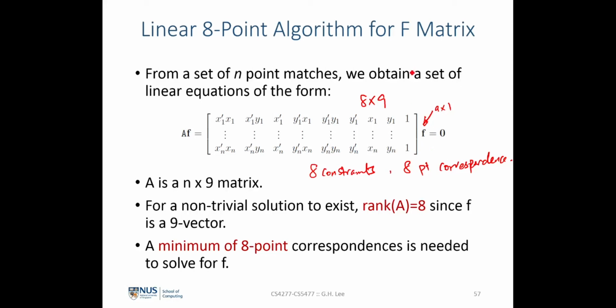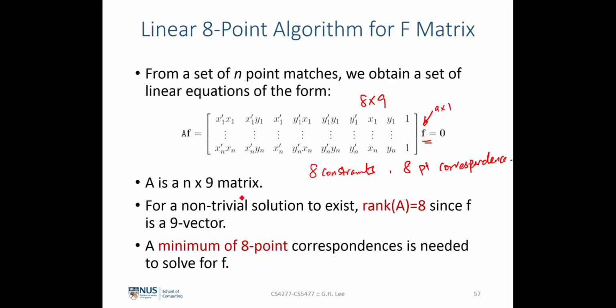At the end, we will be able to solve for the unknown null space vector over here, which is F. In the case where we have more than 8 constraints, we can simply stack them together to form an overdetermined homogeneous linear equation and solve using the same method. So the more point correspondences that we have, the better will be the estimate of the fundamental matrix.